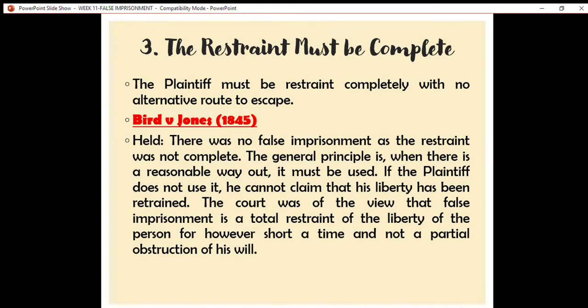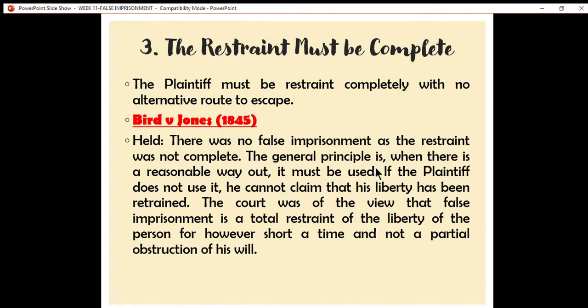The plaintiff insisted on passing along the part so appropriated, and the defendant stopped the plaintiff but told him that he could take another route to proceed to the other side of the bridge, and the plaintiff refused and remained there for half an hour, and then later he wanted to take action against the defendant for false imprisonment. So in this case, the court held that there was no false imprisonment as the restraint was not complete.